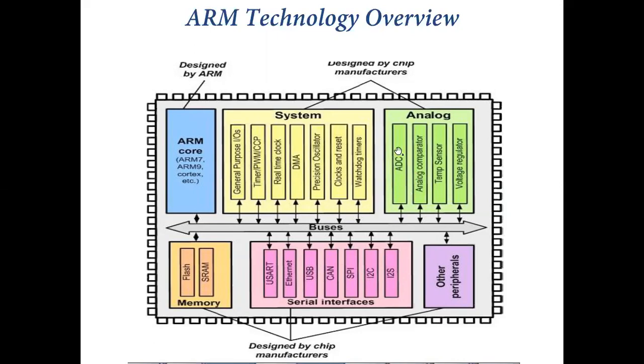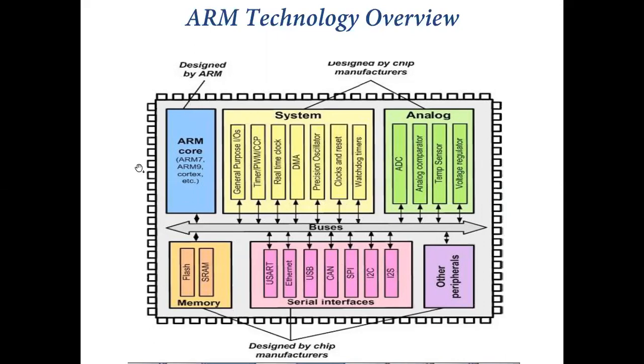Then we have different types of regulators, a timer and clock circuit, watchdog timers, and a serial interface for USB and other things, and we can connect other peripherals. Whatever you see at the edges are nothing but the pins, in the form of a square.